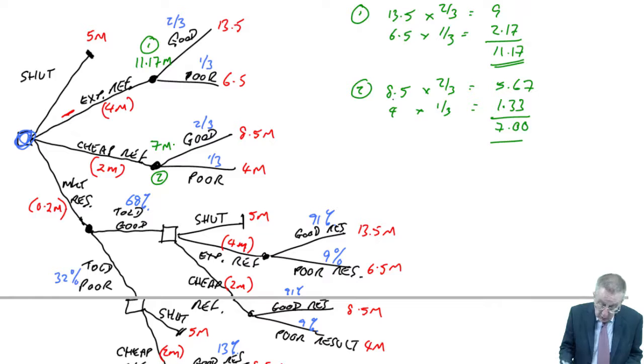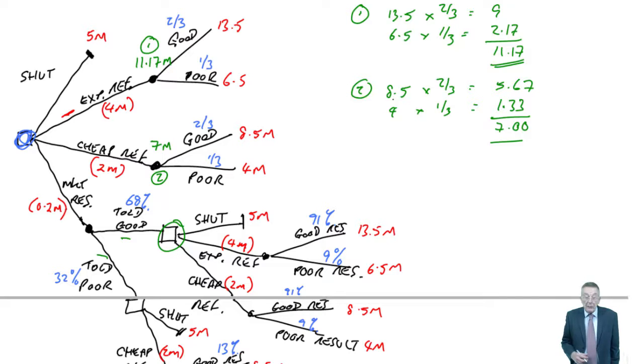What about the next one though? Market research. Okay, at 0.2 million, we know 68% chance it'll be good, 32% will be poor, but I can't do what I've just done until I know what the return will be from good and poor, and I don't know what the return will be until I know what I would decide.